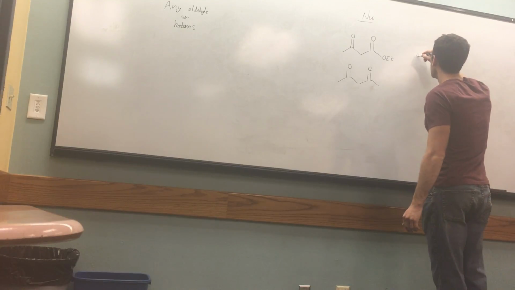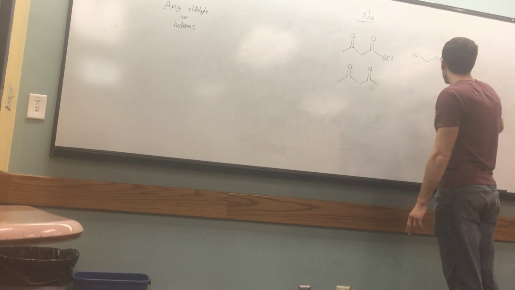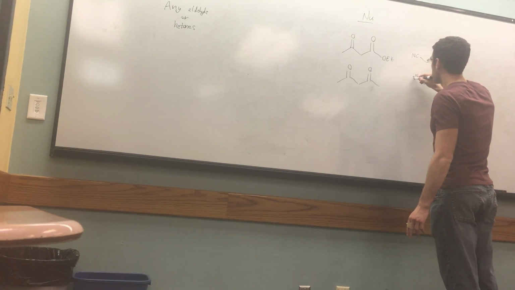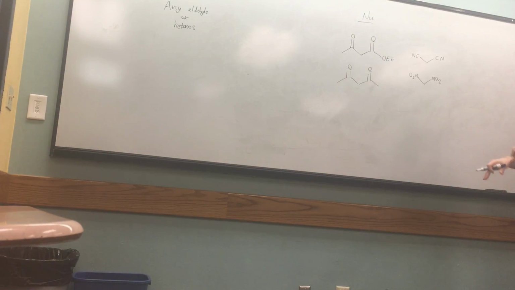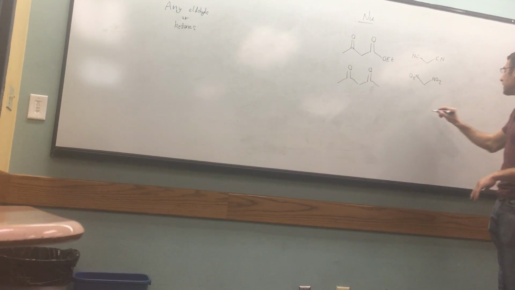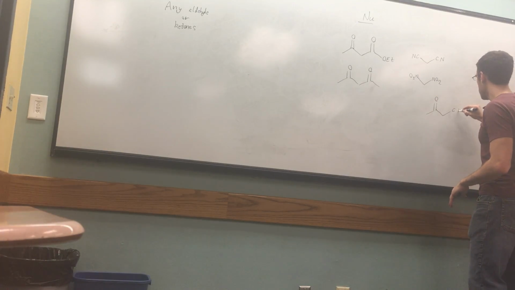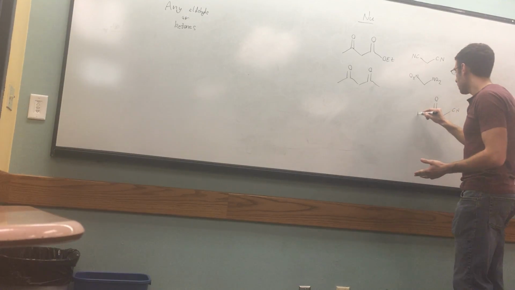So it can also be two nitriles attached to each other, or two NO2s attached to each other, or a combination of these. So you could have a ketone with a carbon in the middle and then a nitrile, or an ester over here and a nitrile.